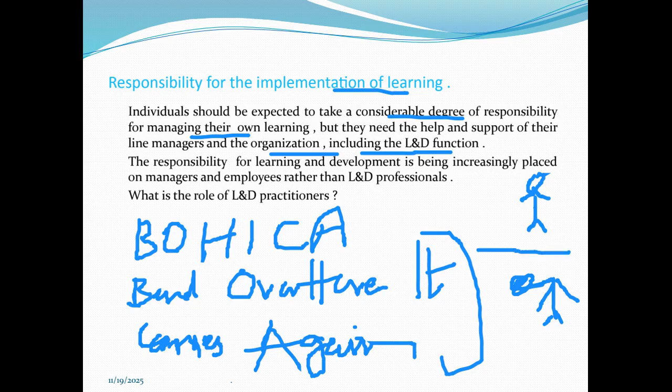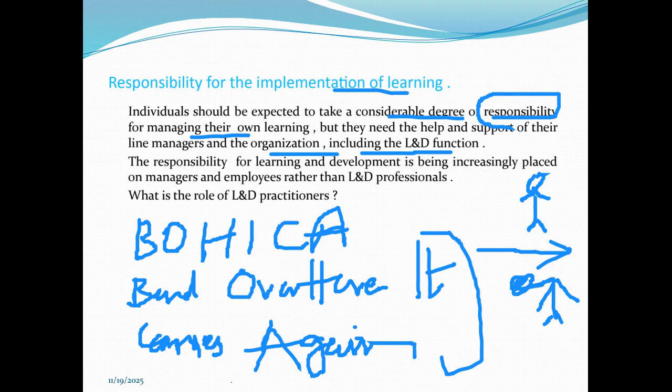So that's why we have to engage the employees to take responsibility for learning. Learning is part of their job. This is real responsibility. If they are not willing to learn, there are many staff who have been sent to different conferences and training sessions, and they just attend there.